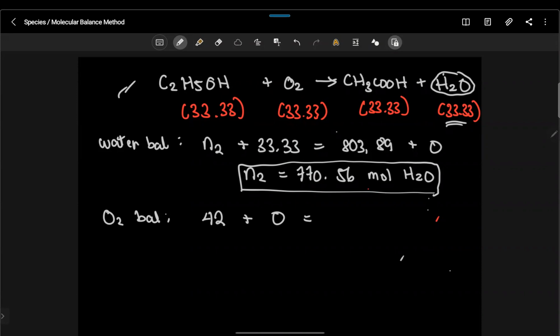Equals output of oxygen, di ba yun yung ating unknown na entry sa off gas? And consumption ni oxygen, meron, ayun no. It's being consumed in the reaction. And we know the value already, 33.33. So therefore, N3 will become 8.67 moles of oxygen.